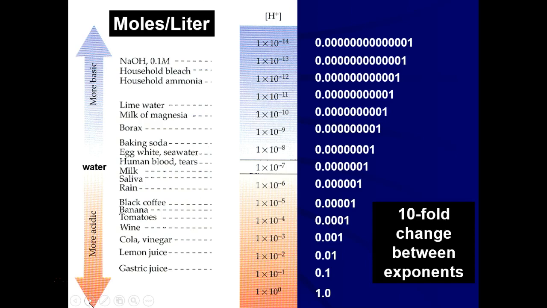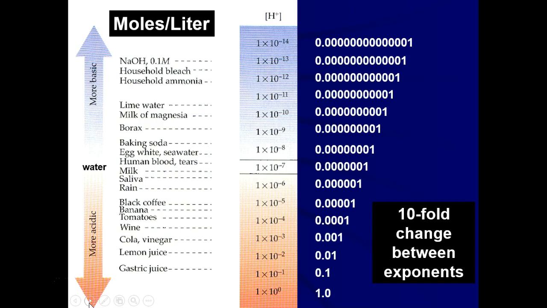If you look over at where it's written out as a decimal, you'll notice that it has one less decimal place. That means every decimal place is a factor of 10. So the difference in concentration between saliva and water is that saliva has 10 times more hydrogen ions than water does.